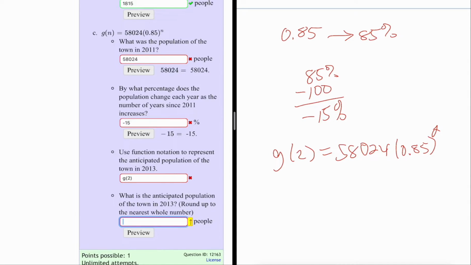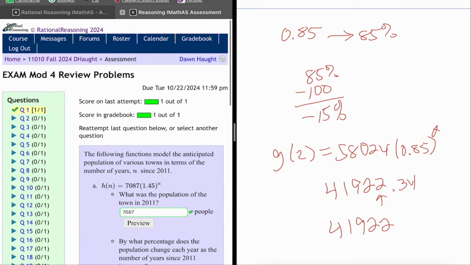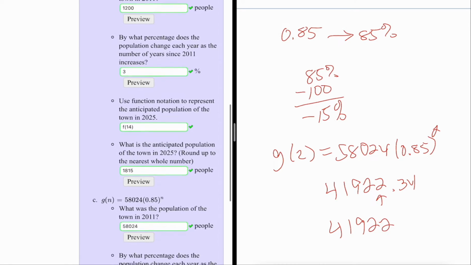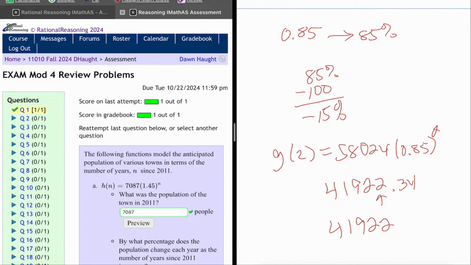So we get 41922.34. Let's round to the nearest whole number. So that's 41,922 people. So that is question number 1. So there you go with that.